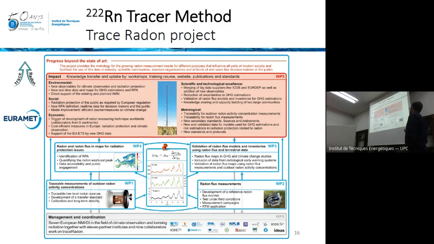The results of the radon flux measurements will be used to have better radon flux maps, which are needed for the radon tracer methodology. In work package 3, there's the validation of the flux models and services of radon flux.